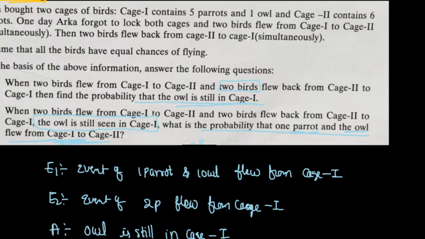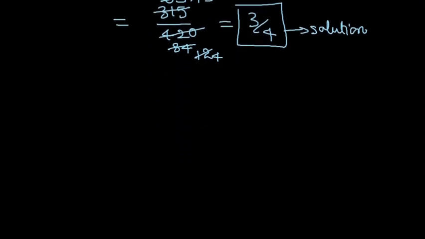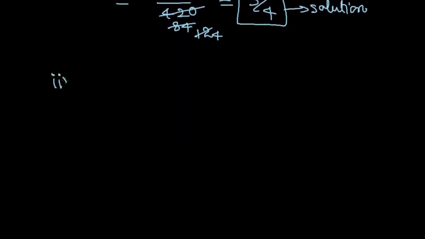This is the A event: the owl is already seen in cage 1. So E1 is being asked: what is the probability of E1 when A has already occurred?